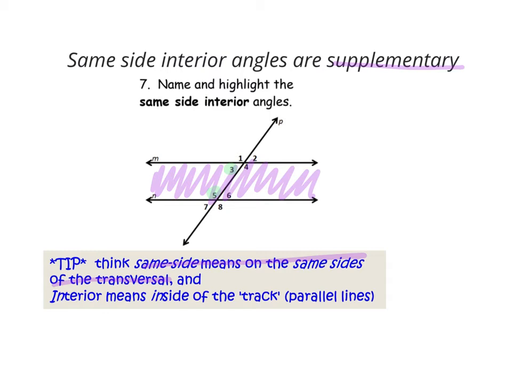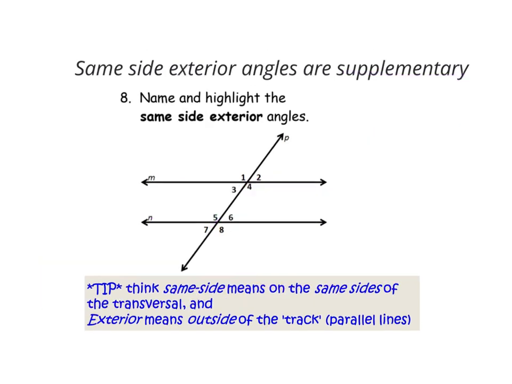So they're both on the left side and they're both inside the parallel lines. Now 3 is an acute angle and 5 is an obtuse angle. So if I put those together, then they're going to create a supplementary angle. Right? Angles 4 and 6 are also same side interior. So they're both on the right side inside the parallel lines. And those will also create 180 degrees.